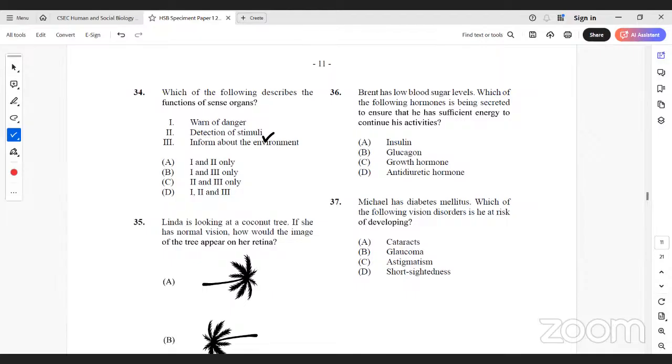Detection of stimuli, yeah. You could see a car coming to bounce you. To inform about the environment, you could feel when the temperature changes in the environment. So all these answers seem to be correct. They are functions of your sense organs. So 1, 2, 3.